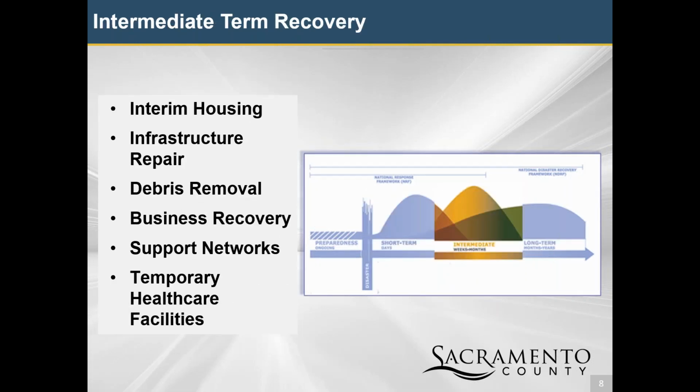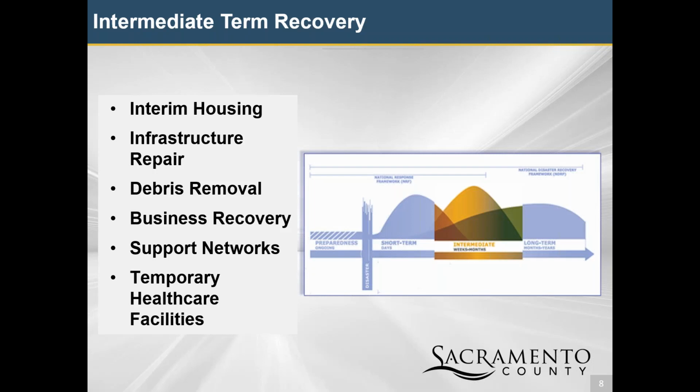Intermediate terms of recovery. This is where we get into the weeks and months, as I said earlier. Housing: provide accessible interim housing solutions. Infrastructure repair: plan immediate infrastructure repair and restoration. Debris removal.